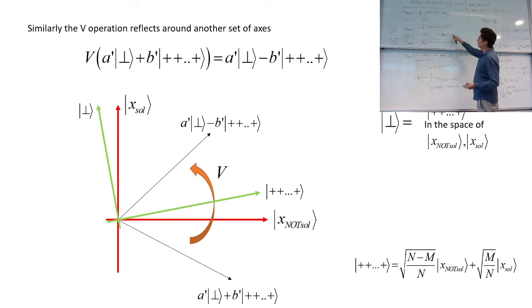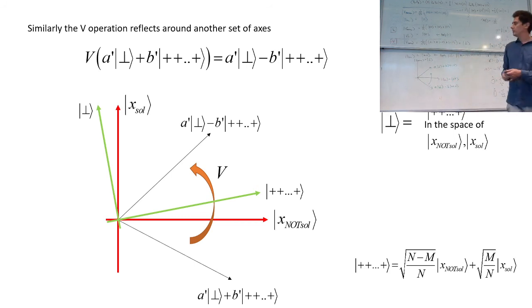So that one, plus that one, up to some coefficient, is equal to this one. And that's basically what I've written here. That's a more general formula for it.